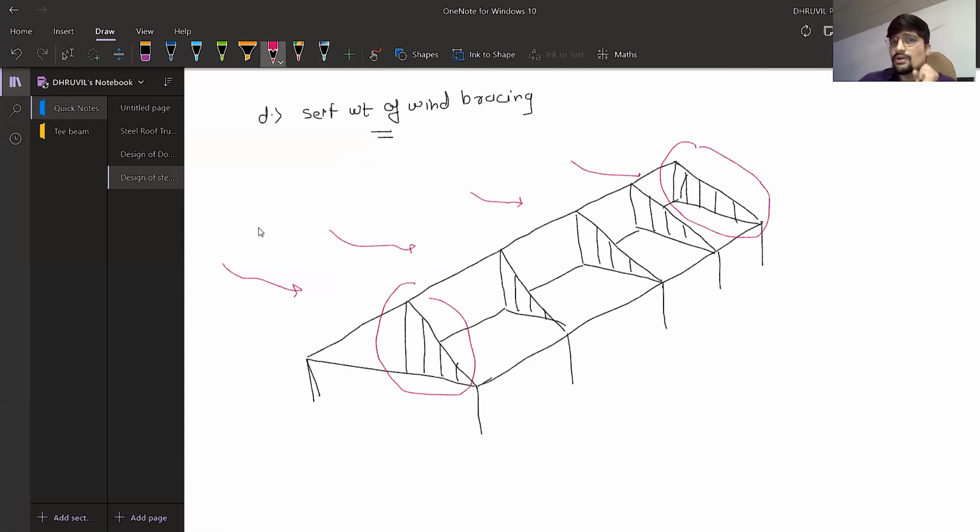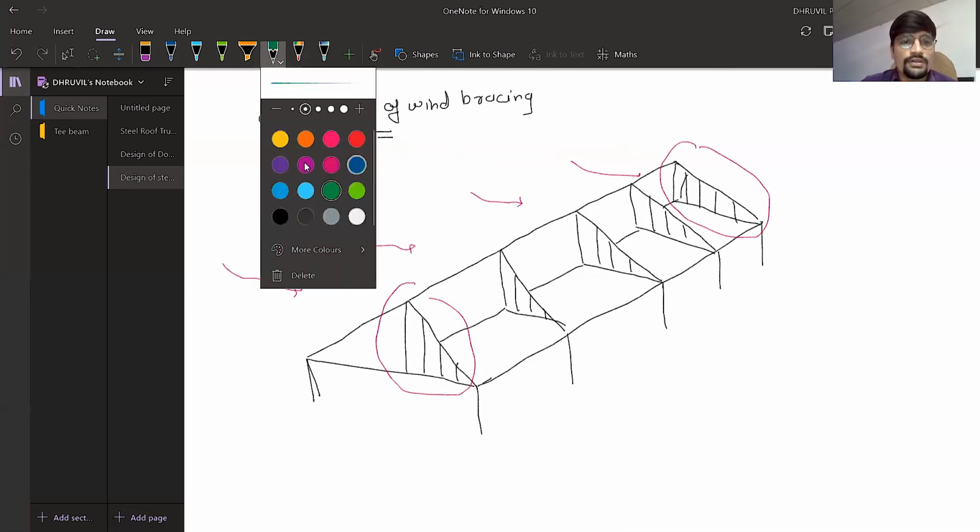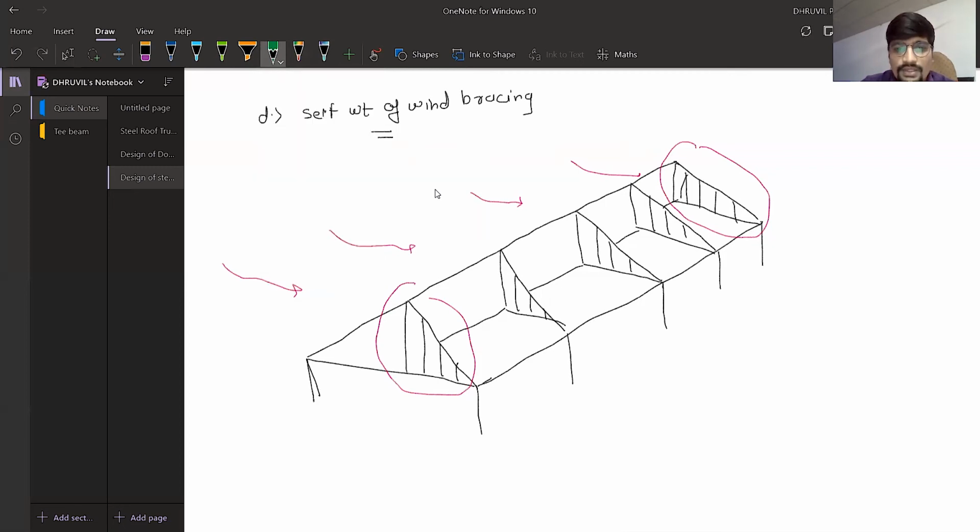So there will be no effect of the wind force on those. So wind force will affect mainly the starting portion and the end portion. So for the starting portion and the end portion, some extra bracings are provided that will be connected like this, from this to this and from this to this.